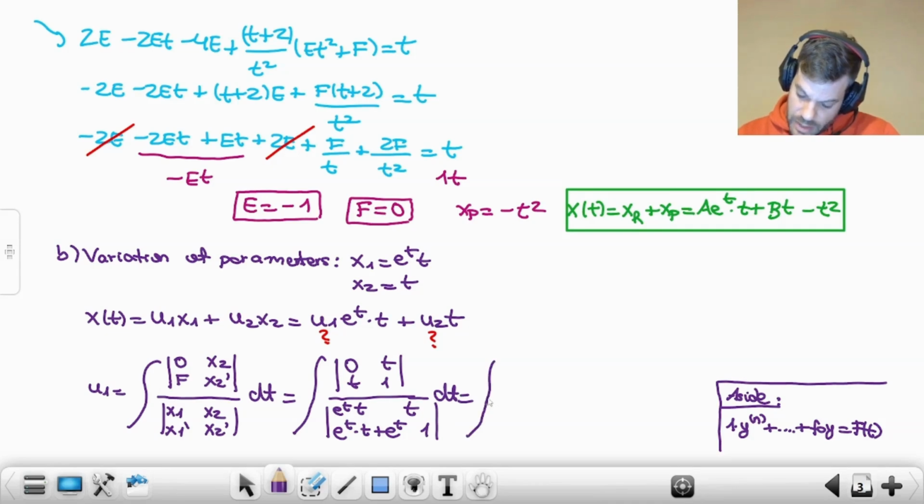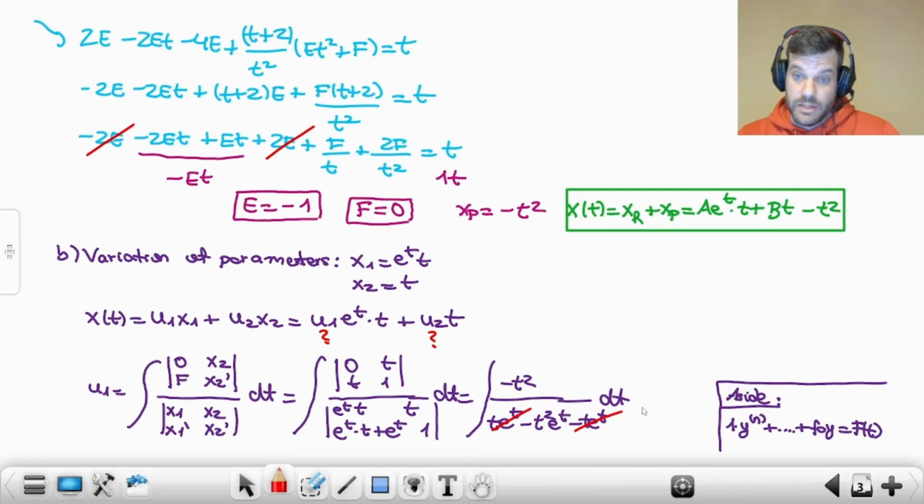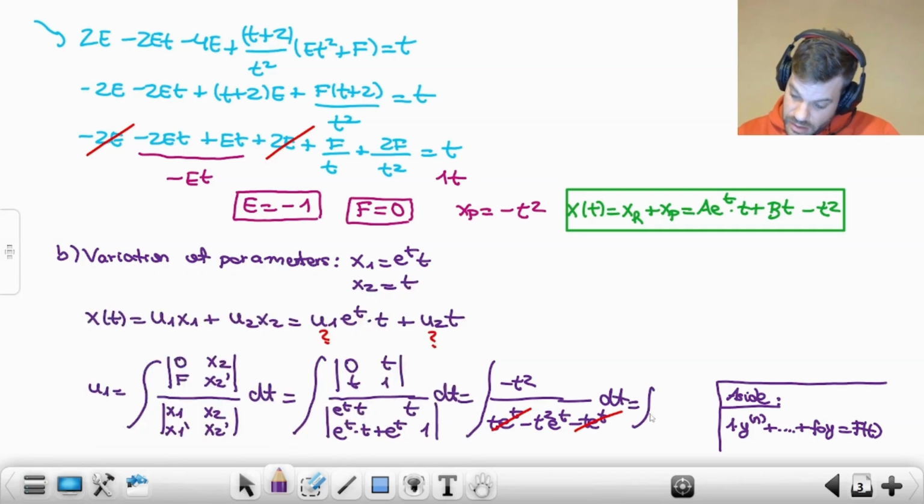So integral of upstairs main diagonal 0, secondary diagonal with opposite sign minus t squared, downstairs main diagonal t e to the t, secondary diagonal with opposite sign minus t squared e to the t minus t e to the t, differential of t. So simplify, and then t squared and t squared disappear, also the negative sign, so it's just the integral of e to the negative t.